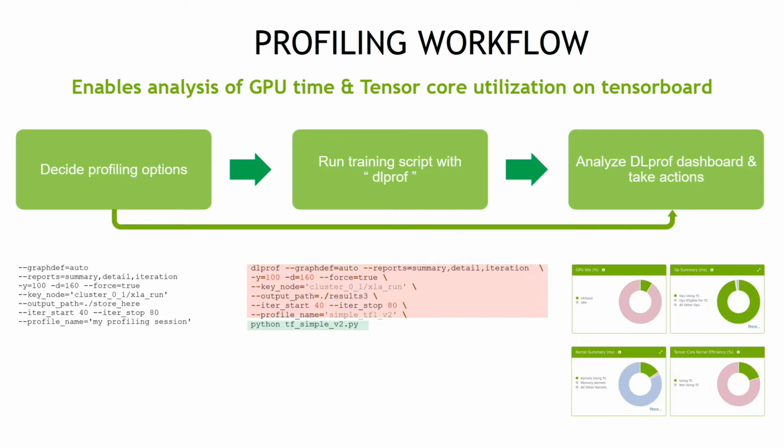Once you decide on those options, you run DLProf with these decorations, followed by your own Python script. That's simple. One command line, and it's done. Then you can call out your TensorBoard, and you will see the DLProf dashboard as we're going to see in the next slide.